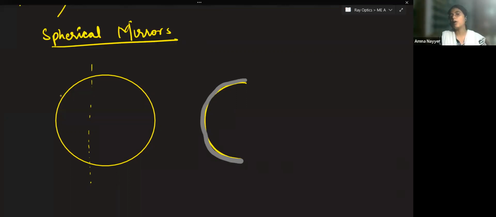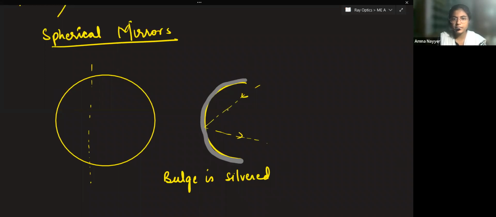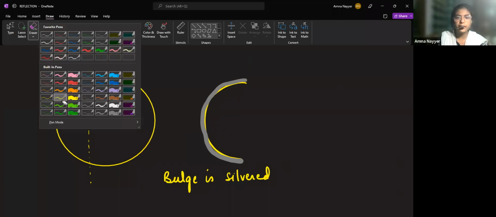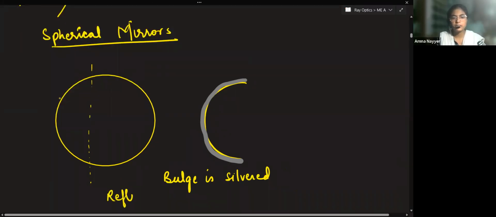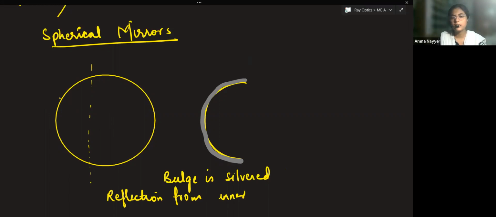Now this type of mirror that we get, where the bulge is silvered and the reflection occurs in this plane, reflection takes place from the inner hollow surface. This type of mirror is known as a concave mirror.